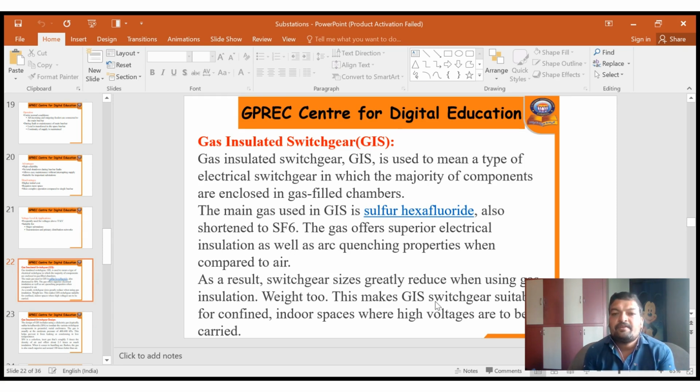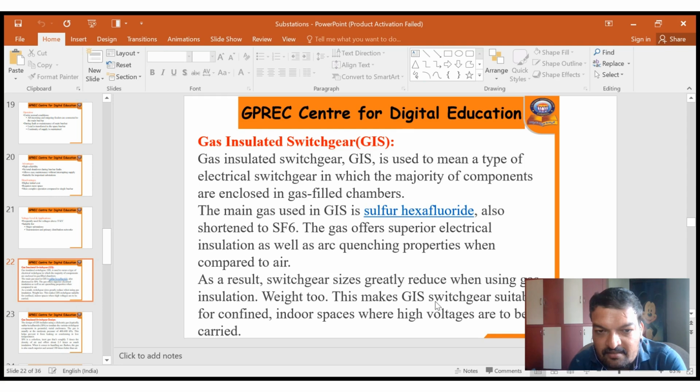So why are we using sulfur hexafluoride? What are its properties, and why do we prefer it compared to the remaining gases? The gas offers superior electrical insulation as well as arc quenching properties when compared to air. As compared to an air insulated substation, SF6 gas offers very superior electrical insulation as well as arc quenching properties.